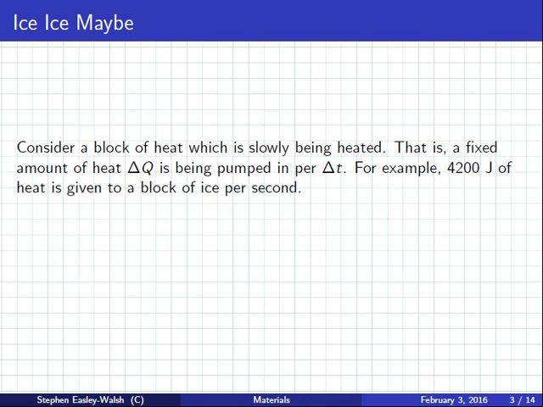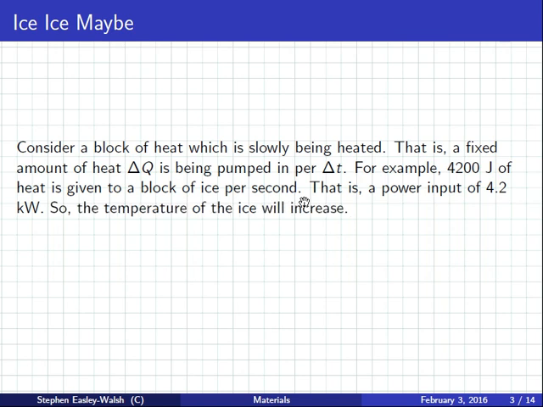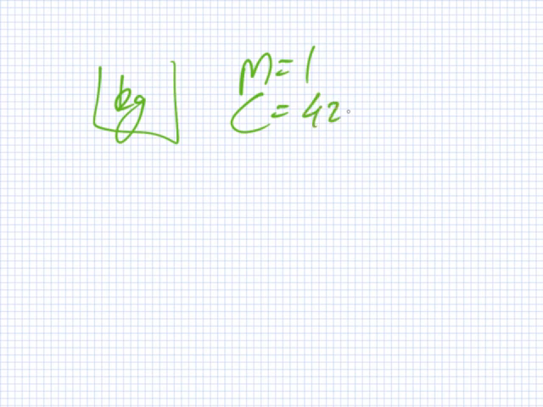It will move up. How much? 1 degree every second. So if you had a power input of 4.2 kilowatts, the temperature will increase, in fact, as you said, 1 degree per second. The reason for that, as you know, if you have a kilogram of water, the M is 1, the C is 4,200, and I'm giving it 4,200 joules.